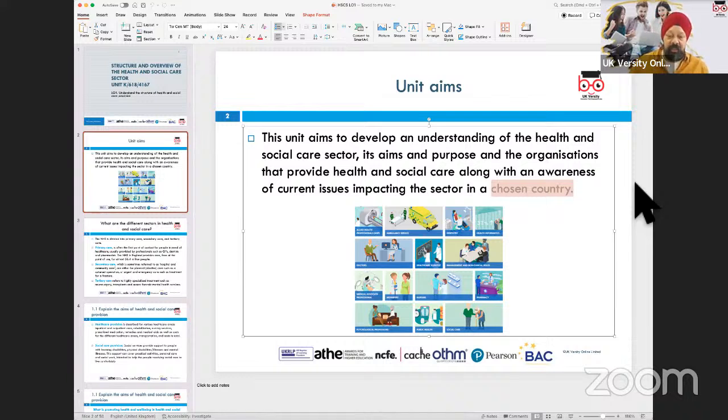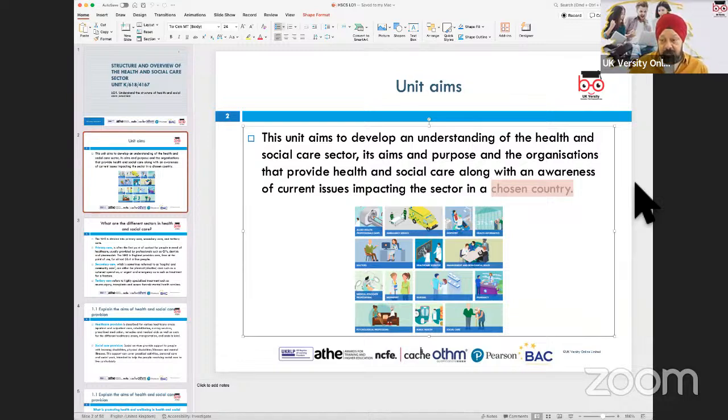So most of the examples and context that I or the other lecturers would tend to use in our discussions with you during Zoom sessions is going to be specific to England. So when I see assignments with US examples or Canadian examples or Australian healthcare system examples, unless you've lived there, you have prior knowledge, or you've done your research, please mention that in the introduction of the assignment.